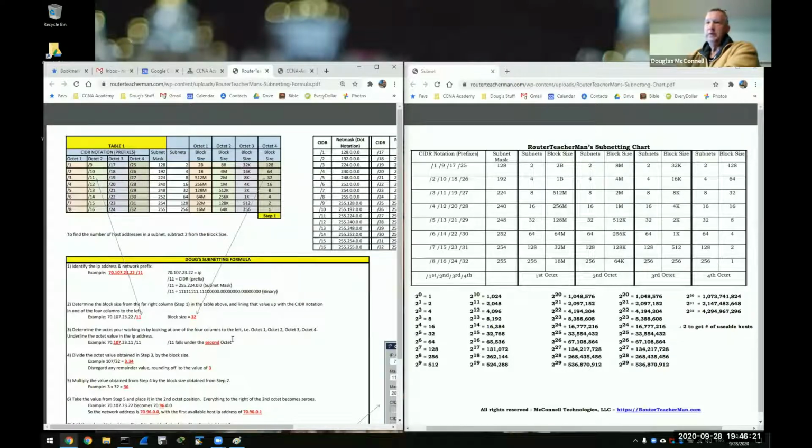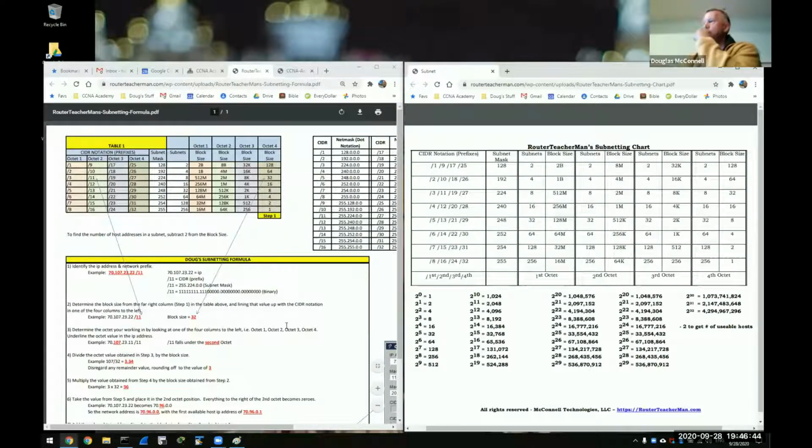Step number 3 is a little bit tricky. We have to determine which octet we're working in. Is it octet 1, 2, 3, or 4? Remember how I had those listed here? 1, 2, 3, 4. It'll be octet 2.